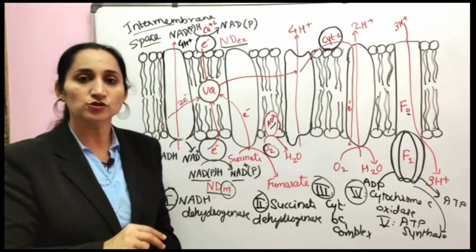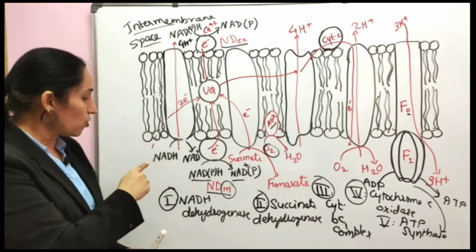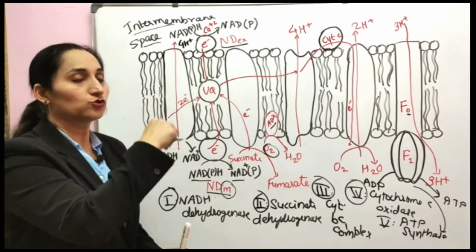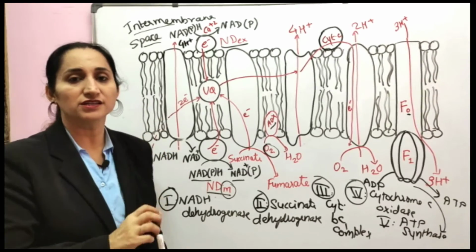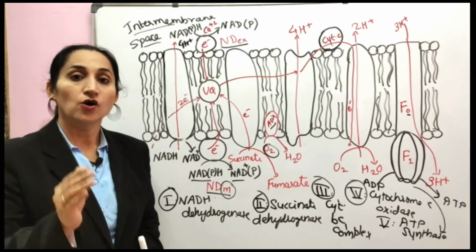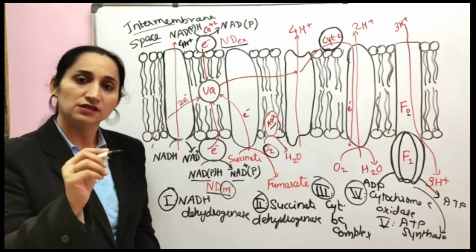So the electron transport system has 2 main roles. First, it oxidizes the reduced compounds. Second, it creates a proton motive force by using the free energy that is released during oxidation-reduction reactions.